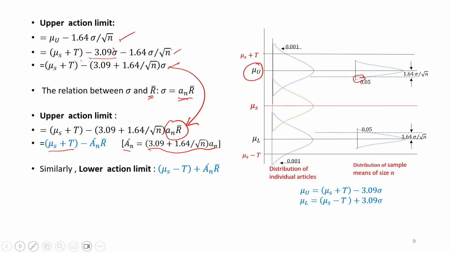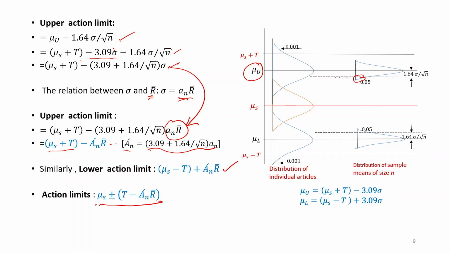So that it becomes my upper action limit, which will be somewhere here. And the lower action limit, we follow the same steps, and we get this value: mu s minus t plus A dash n R bar. That is going to be the lower action limit, and therefore action limits are going to be mu s plus minus t minus A dash n R bar.